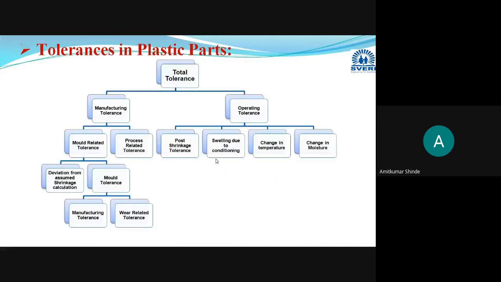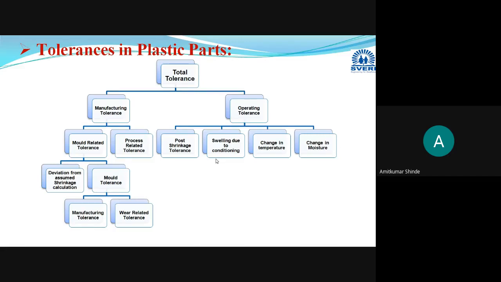Then how to calculate the total tolerance by considering manufacturing tolerance and operating tolerance. And in manufacturing tolerance, you have to consider mold related and process related tolerance. We have discussed this in brief.